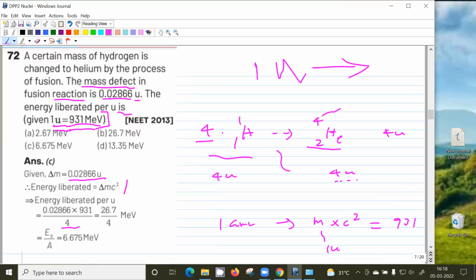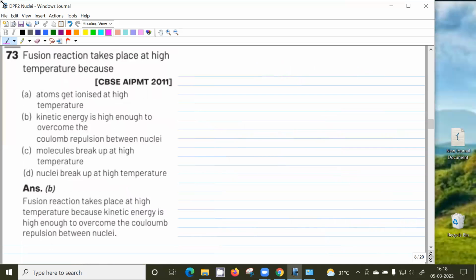Done. Yes, sir. This one, fusion reaction takes place at high temperature, because this is a theoretical question. Temperature increase means kinetic energy will rise.